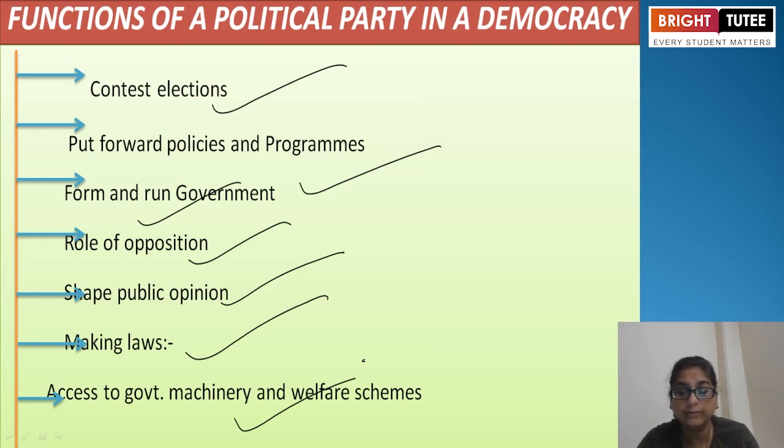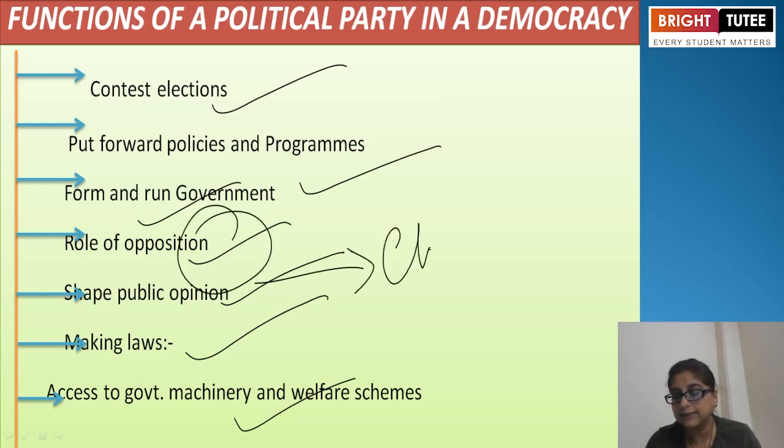How do they form the government? In parliamentary democracies, the formation of the cabinet depends upon the party character of the house. The leader of the majority party, or the one most likely to provide a stable government, is invited to form the government. Then, as we have read, there is the role of opposition, which works as a check, because they keep on checking the government.